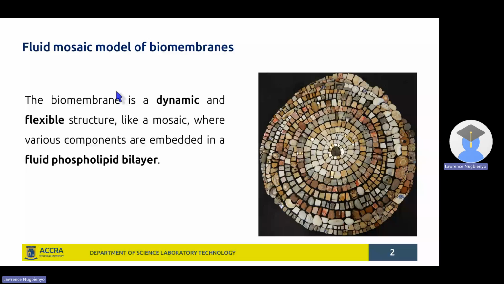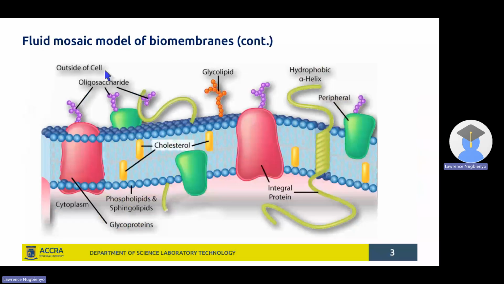Again, just like we have seen before, the biomembrane, say the cell membrane, is made up of a phospholipid bilayer. So what you see there is the phospholipid bilayer, where in this representation, above it you have outside of the cell.